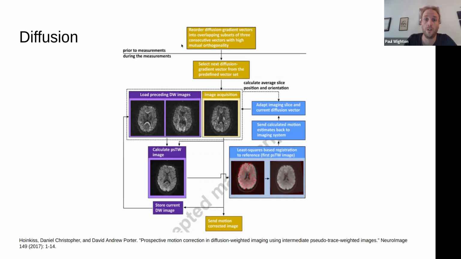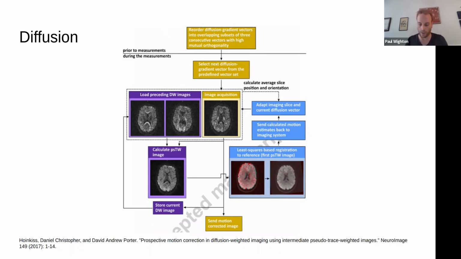They start by reordering the diffusion gradient vectors into overlapping subsets of 3 consecutive vectors with high mutual orthogonality. They acquire a volume, and use that volume plus the previous 2 volumes to compute a trace image.